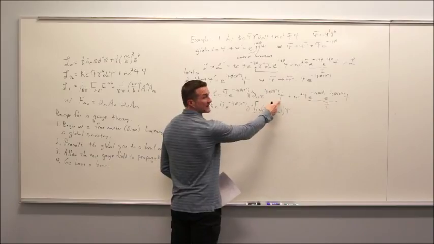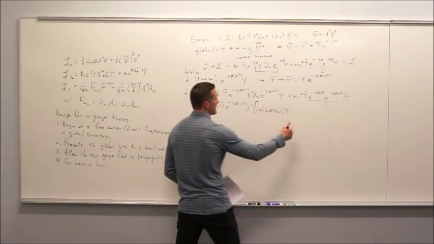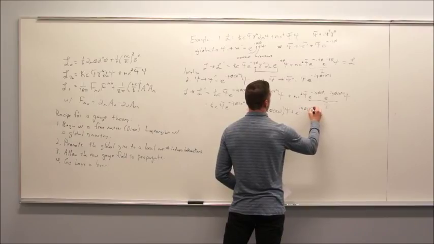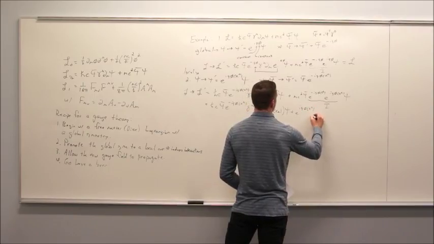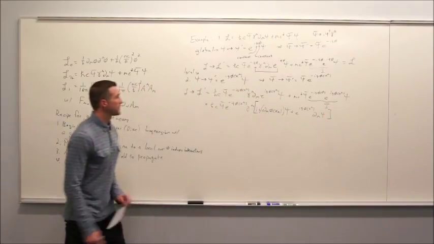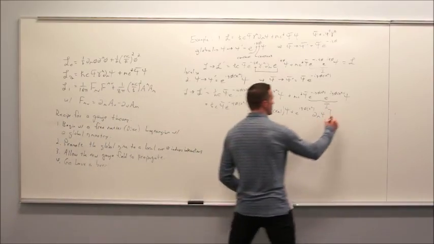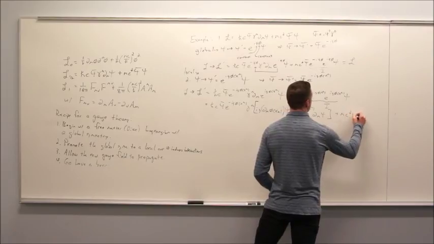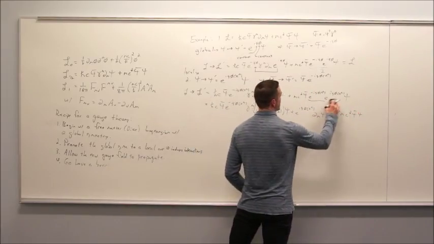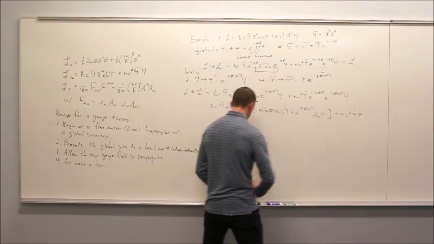And then I next let it act on psi and then pull the e to the i out. Okay. And then the last term, of course, just goes back to what it started as. This thing's tidy. Okay.